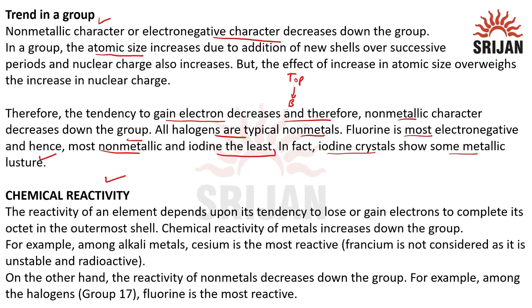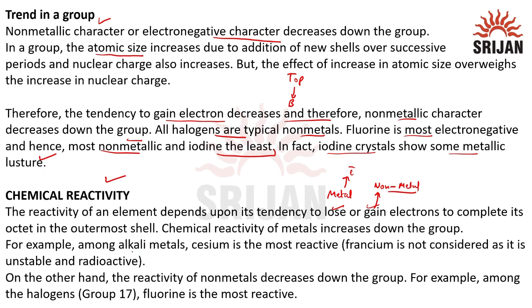Now talking about chemical reactivity. The reactivity of an element depends upon its tendency to lose or gain electrons. As we know, metals show their reactivity by losing electrons and non-metals show their reactivity by gaining electrons to form bonds, right?